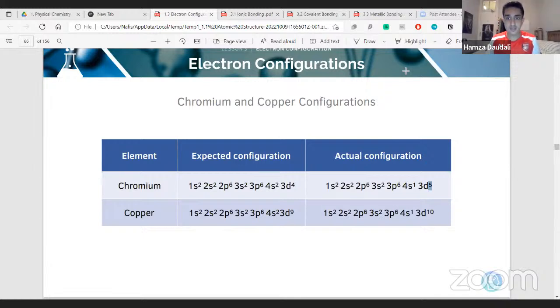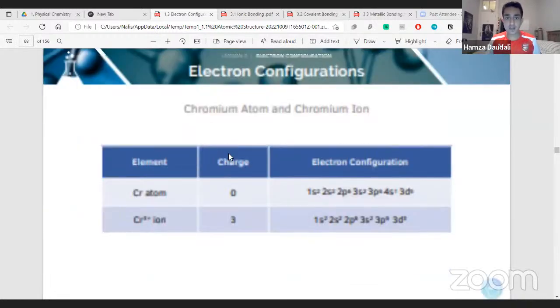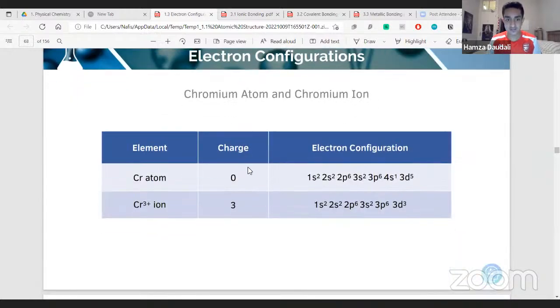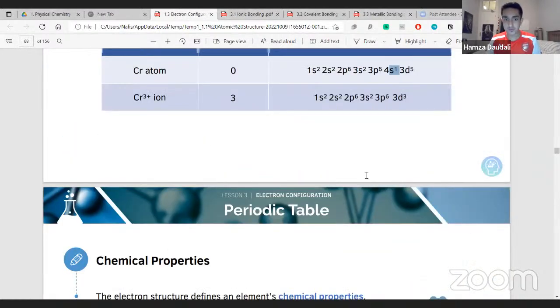You'll learn that in A2 mainly, but it is a bit of an A2 topic. It's in all the specs. And remember, when forming ions, they lose their 4s electrons before their 3d electrons. So Cr3 plus is going to lose its electrons from 4s before it loses its electrons from 3d.